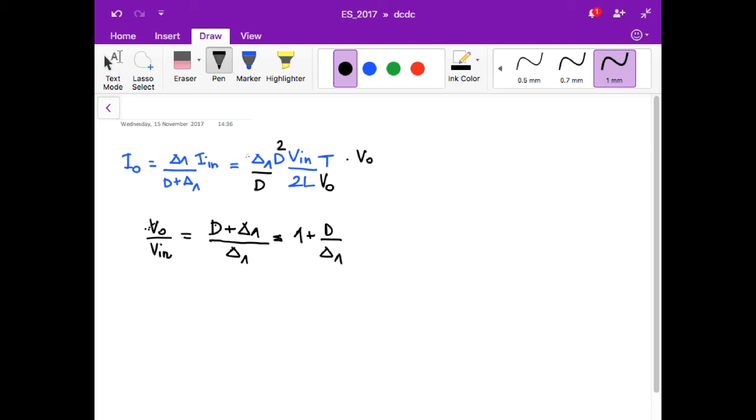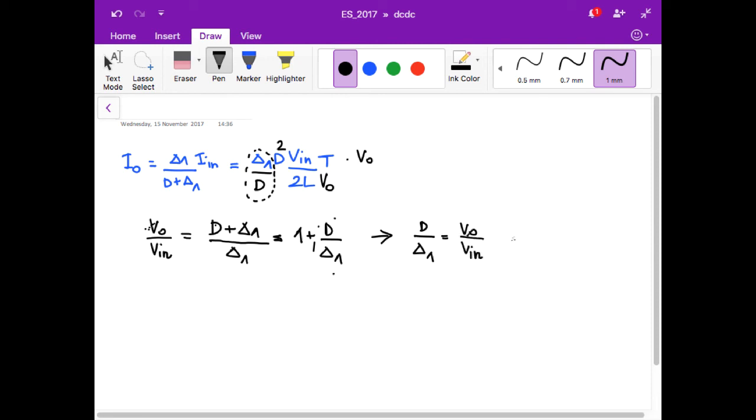Once we do that, we can substitute this expression with this one, which means basically consider that delta d over delta 1 is equal to VO over V in minus 1, let's say minus V in, and therefore delta 1 over d is equal to V in over VO minus V in. Okay, so that I can substitute here.